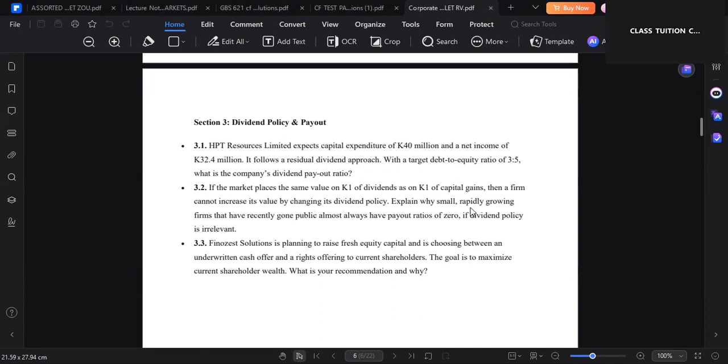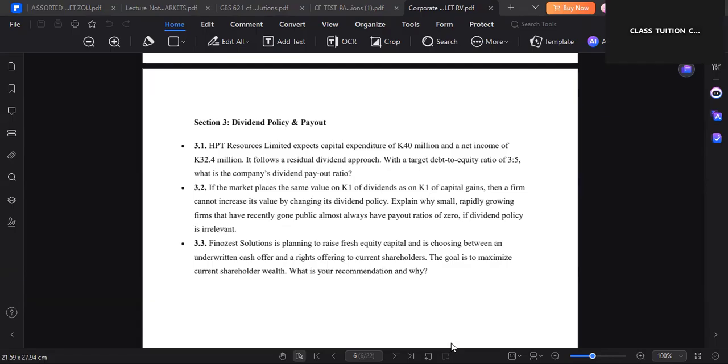Explain why small but rapidly growing firms have recently gone public, almost having zero payout ratios, if dividend policy is irrelevant. Remember, we talked about the theories of dividends, one being the dividend irrelevance theory. What does it say?